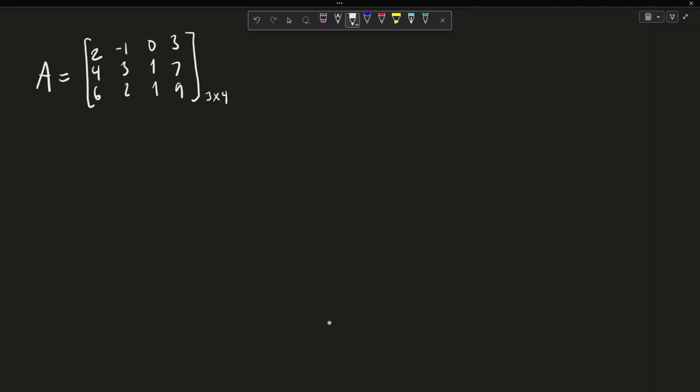Now, in the elimination matrix video, we use the example of square matrices. However, elimination in matrices and matrix transformations can be done on non-square matrices as well. The properties all still hold.